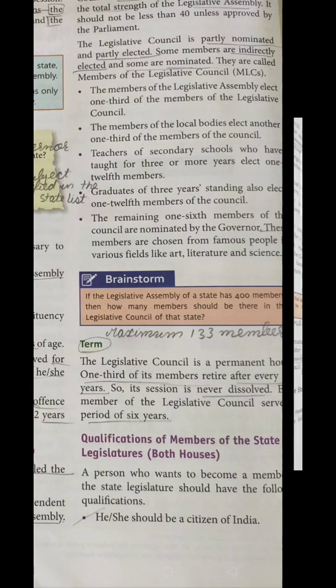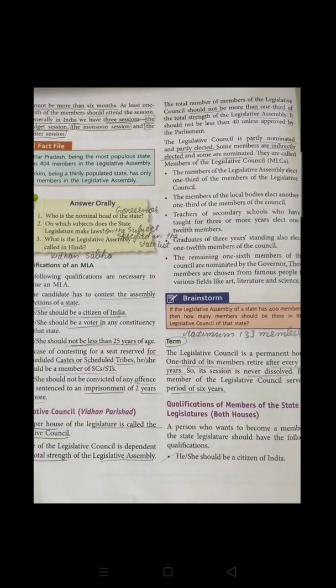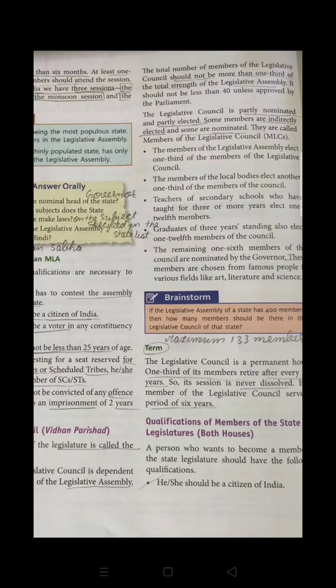In the legislative council there must be one third, that is 133 members only. This is the pattern followed in the legislative council, and the membership must not be less than 60 members.